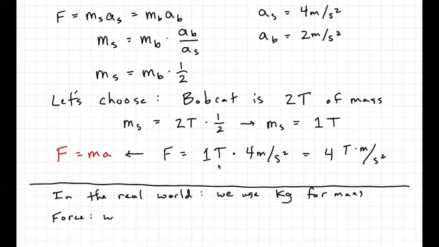For force, we use newtons. But a newton is not an independent unit. 1 newton of force is equal to 1 kilogram of mass times 1 meter per second squared. And the way to think about that is it takes 1 newton of force to accelerate 1 kilogram of mass by 1 meter per second squared. That's the choice that we've made.